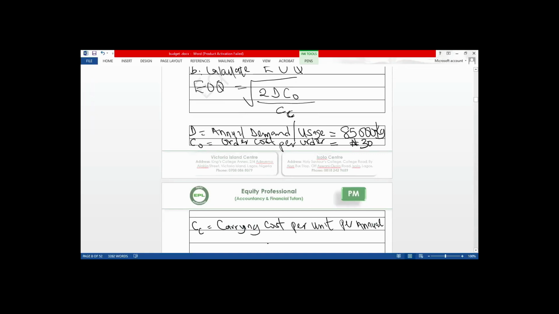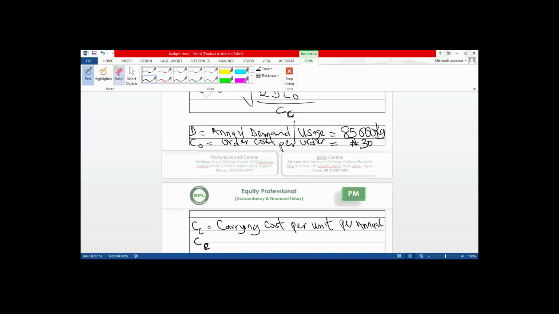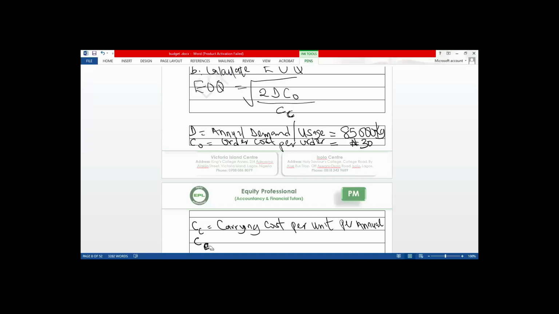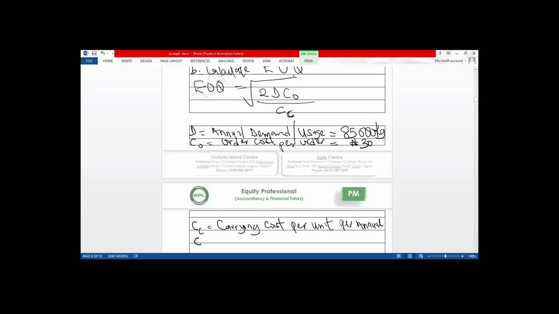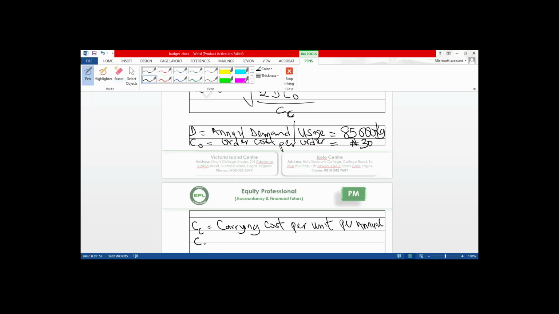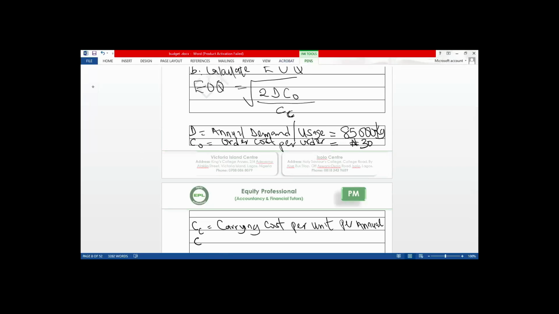That is your stock holding cost. If you check the additional information, the examiner says your carrying cost is 17% of material cost. Material cost is 30 naira per unit. Find 17% of this. That should give you 5.1.